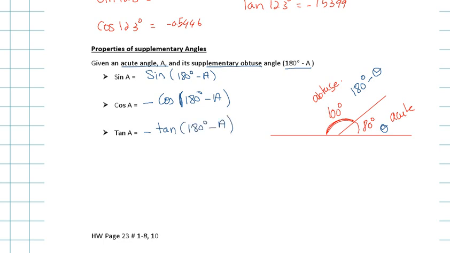Now, you need to understand that this and this are supplementary angles. They supplement each other to make 180. So if I tell you sine 40 is going to equal sine of 180 minus 40, is that correct? Yes.